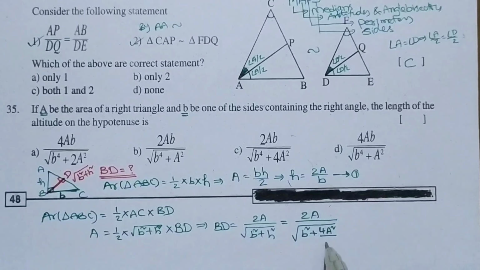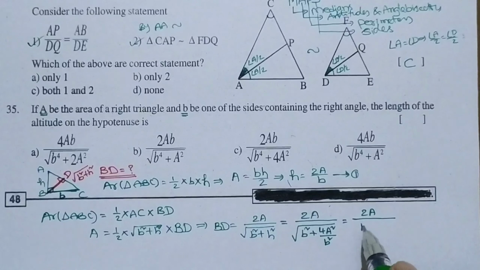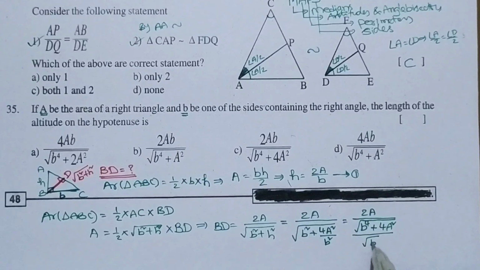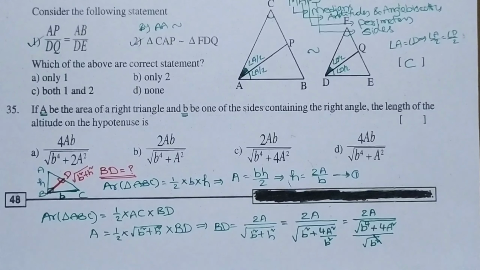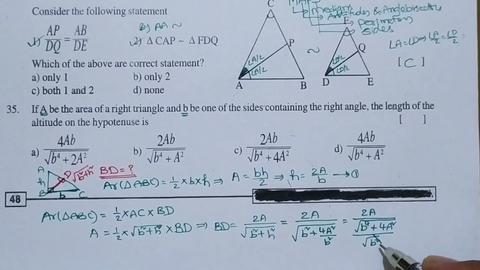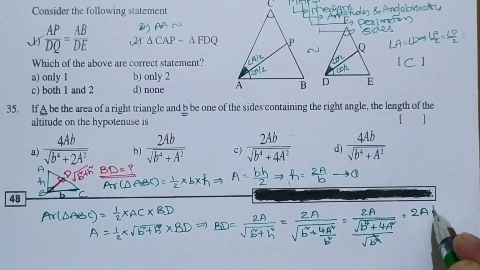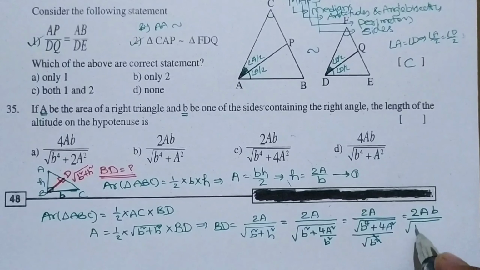Now if we simplify further, b square into b square is b power 4. When we take b square as LCM, 4A square under root by under root b square. So when we cancel it, this will be b. When we take the reciprocal of the denominator, this b will be going here. So it becomes 2Ab by under root b power 4 plus 4A square.